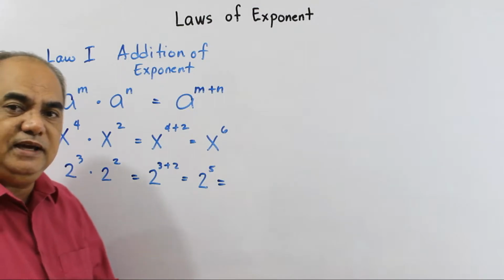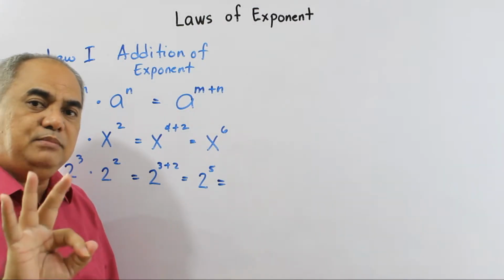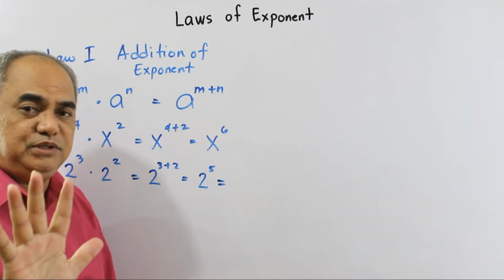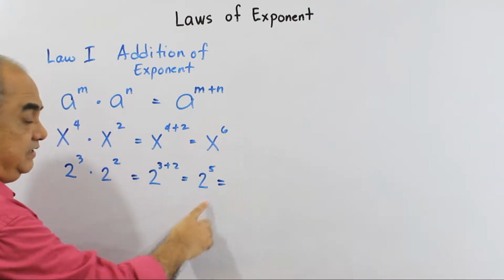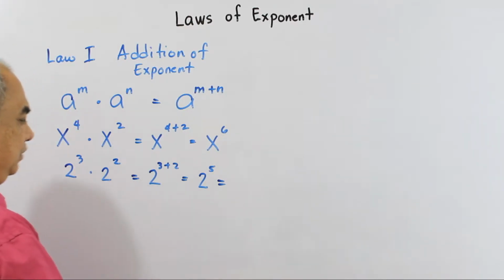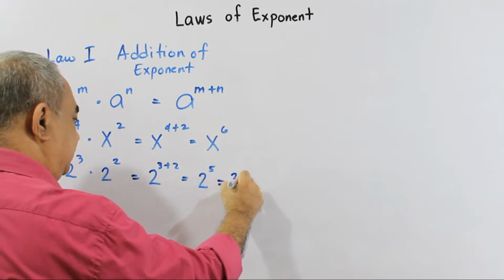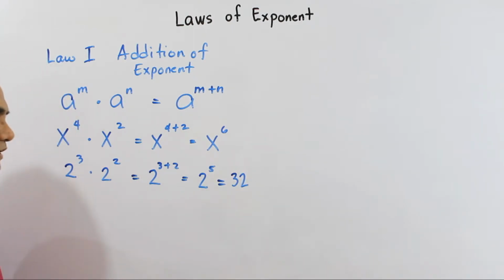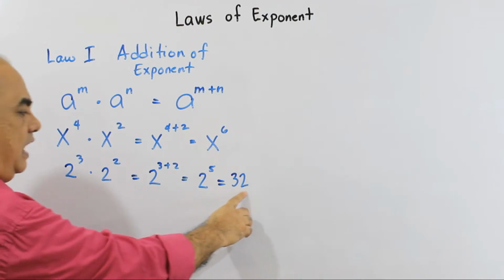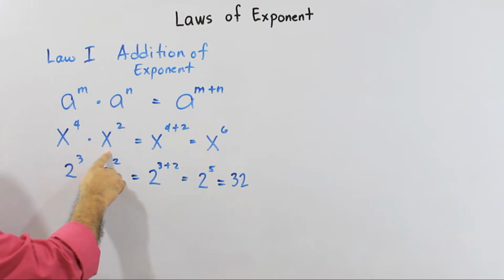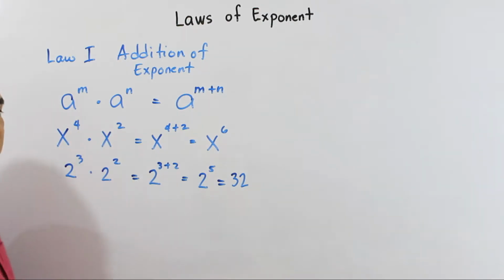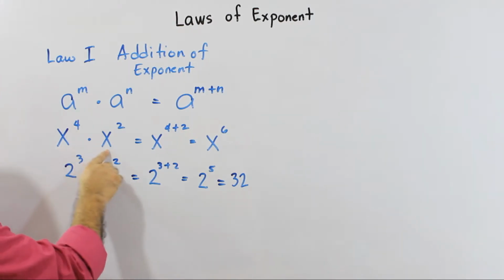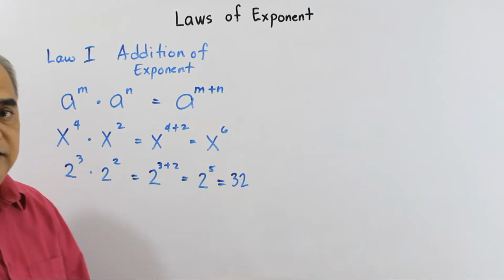So it's simply like 2 times 2 times 2 times 2 times 2. You have to multiply 2 by itself 5 times, and that will give us a product of 32. So if it's a constant, you have an exact value, but if it's a variable, we just add the exponent if and only if the bases of the two factors are the same.